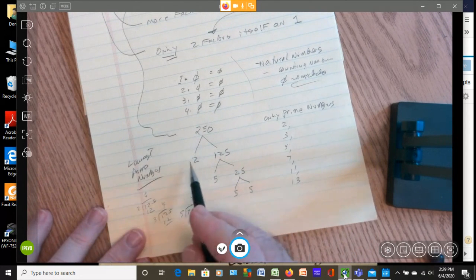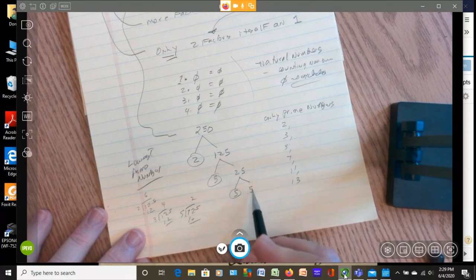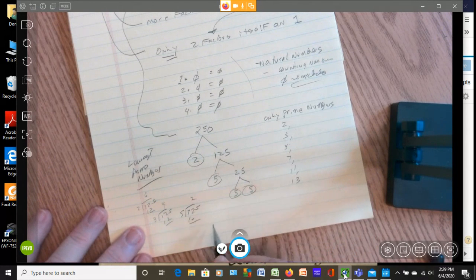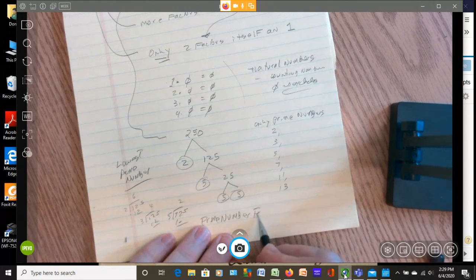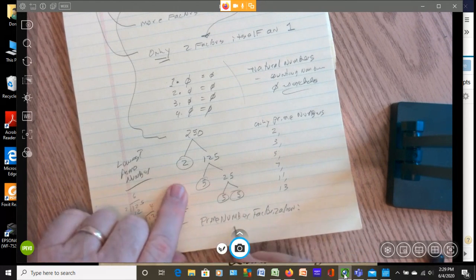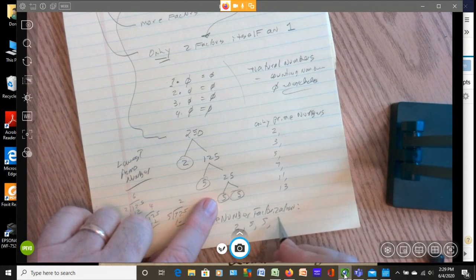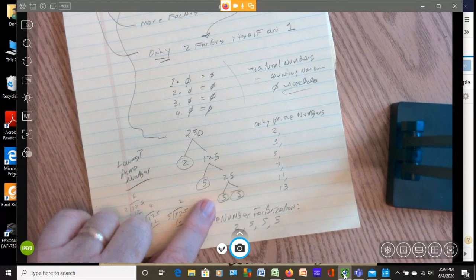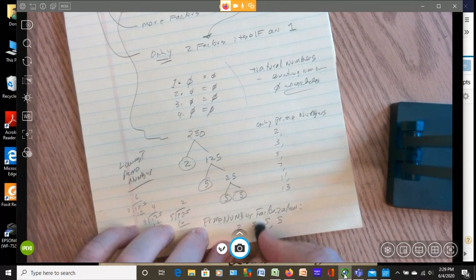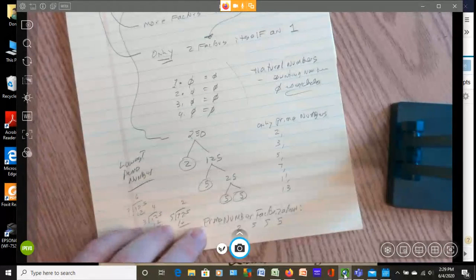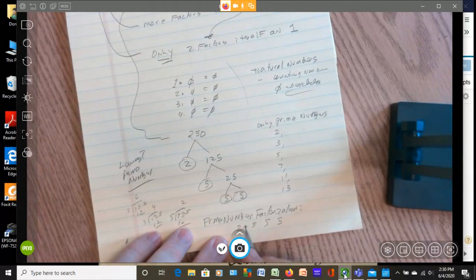The prime number factorization of 250 would be 2 times 5 times 5 times 5. Generally, we simply say this is 2 times 5 times 5 times 5.